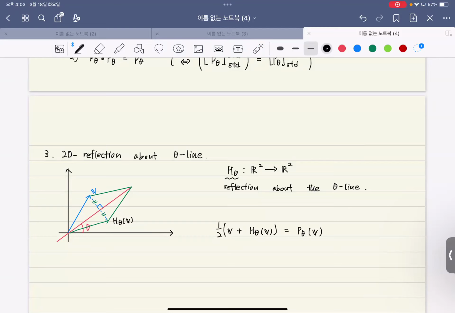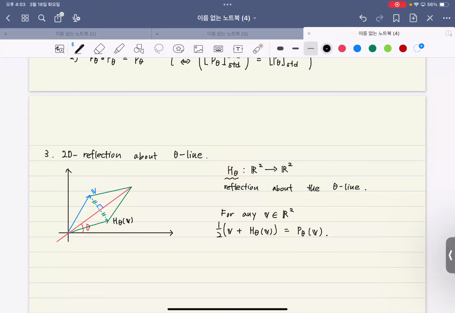So this equality is true for any choice of vector V in R2. From this equality, I want to solve for H theta. Then maybe I can find a very nice matrix representation of this linear transformation.